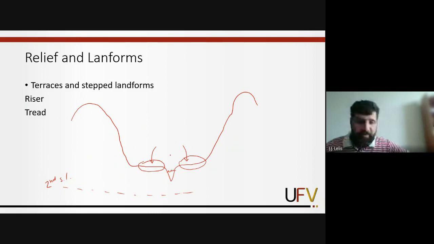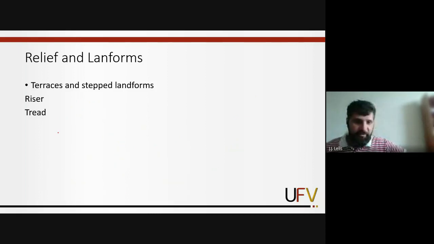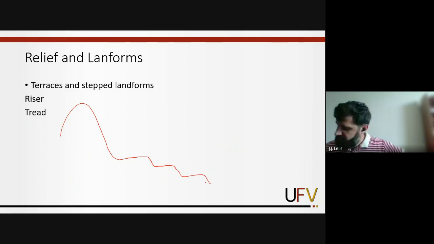And in general, this occurs several times. So it's quite common to identify something like this: we have the slope, and we have a terrace, and a new terrace, and a new terrace, and the river is here.